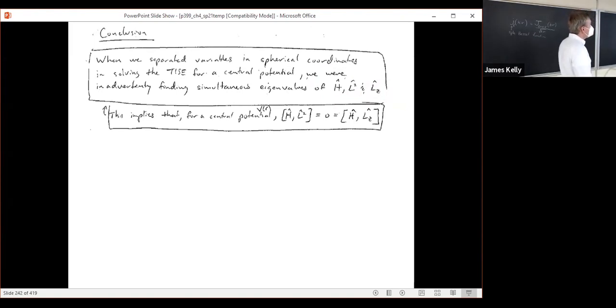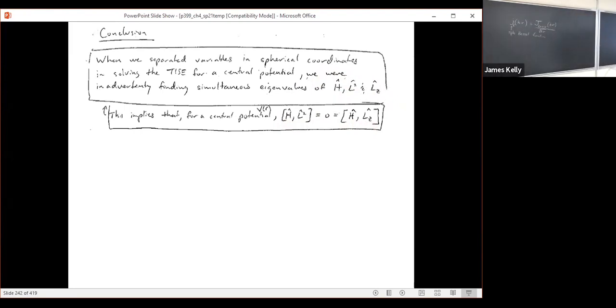And that means that, without even really checking it, I know if we find a complete set of simultaneous eigenfunctions for some operators, all those operators have to commute. So even though we didn't check it, we're now finding out that the Hamiltonian, which again, we assumed had a spherically symmetric potential, only a function of R, is going to commute with L squared, and it's also going to commute with LZ.